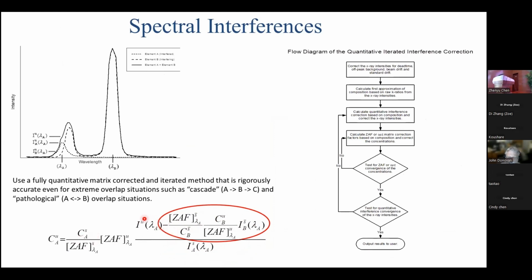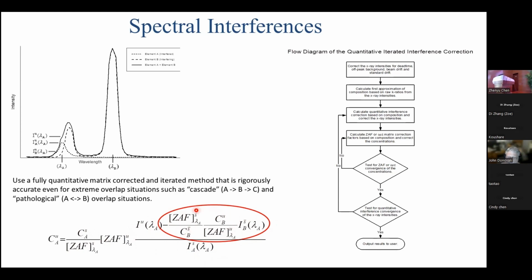Then we also have the unknown intensity, standard intensity, the K ratio itself, the correction for both, and the concentration of the standard. And this is the correction for the interfering element relative to an interference standard. That's the S bar concentration right here.